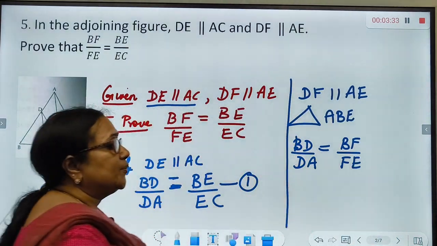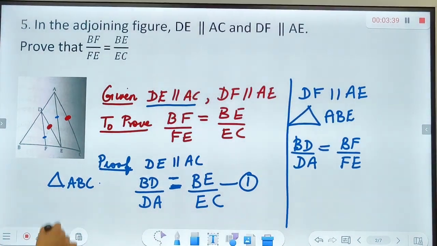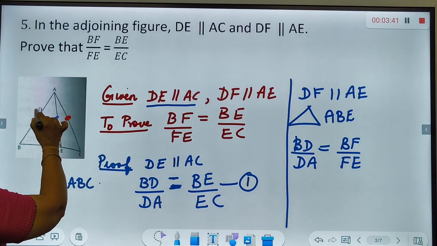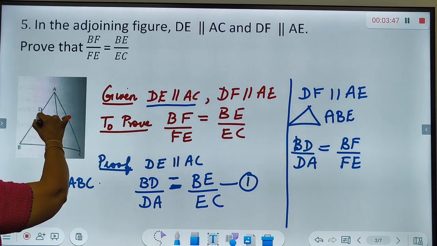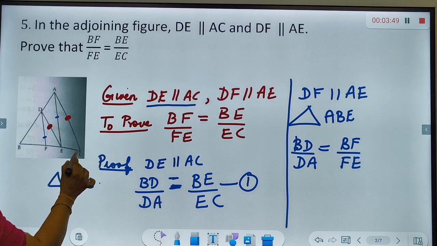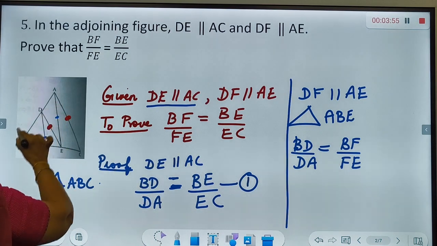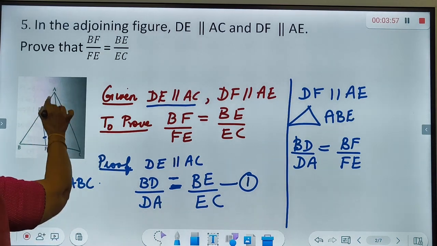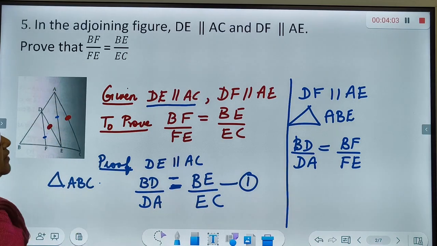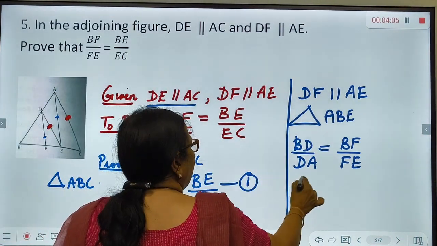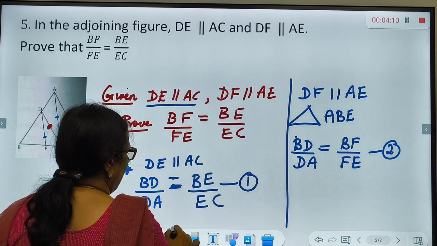So, we are applying the basic proportionality theorem twice in two different triangles. The first triangle is triangle ABC. DE is parallel to AC, so you get BD by DA is equal to BE by EC. Next, we are considering triangle ABE. Now, this is parallel to this. Therefore, BF by FE is equal to BD by DA. So, BD by DA occurs on the left hand side of both 1 and 2.